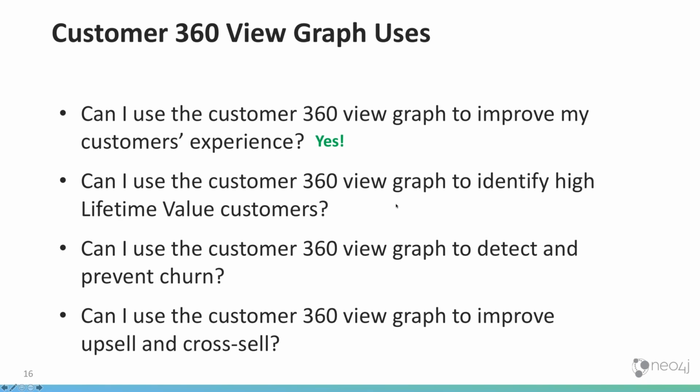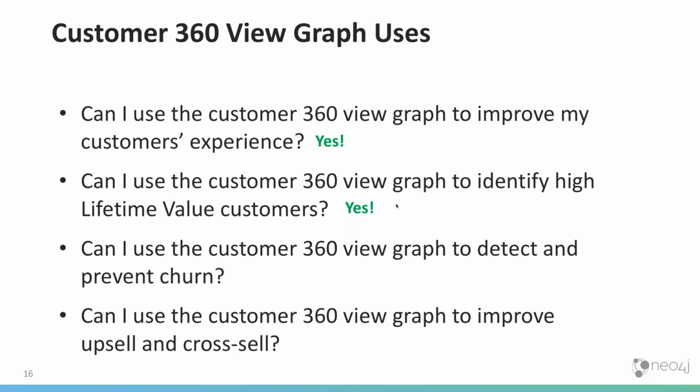Can you use it to identify high lifetime value customers? Absolutely. When you understand your customer's behavior, when you can see that context both in the past and currently, you can start to understand: is this a customer who every 2 years buys a new car, at the top end with lots of options, and makes very few claims, versus someone who buys their car much less frequently, makes a lot of claims, and has maybe posted bad things about you on Twitter?